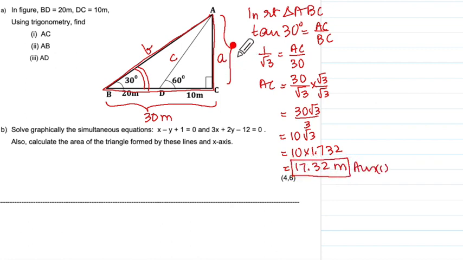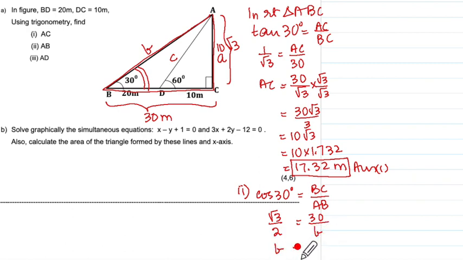Now that we've understood this, I will write this as 10 root 3 and then I will go towards B. B is again part of this triangle, but now B can be connected with 30 degrees and 30 as cos of 30. So for the second part, cos of 30 degrees will be equal to this BC upon AB, which is hypotenuse. Cos 30 is root 3 upon 2, which is equal to BC, meaning 30, and AB is to be found out.